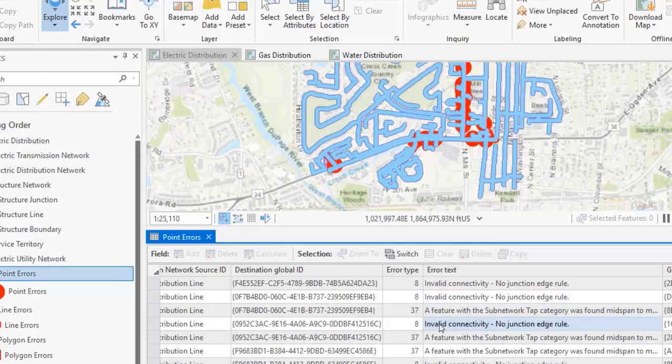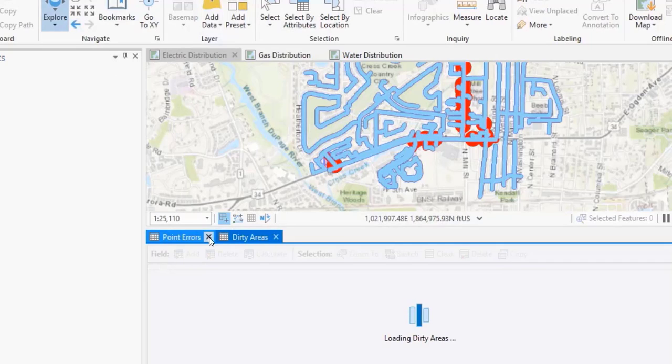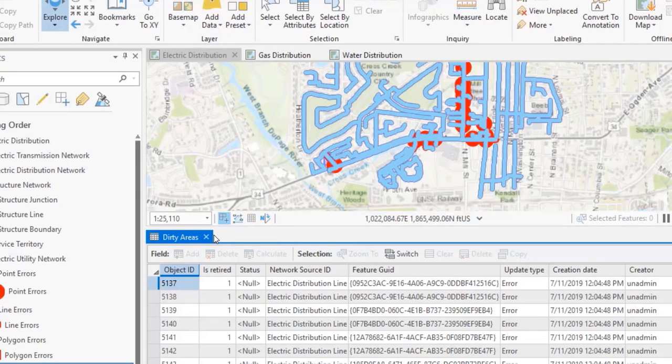So we have errors and descriptions about what the area is for points, lines, and polygons. And then the dirty areas, remember, represent regions where an error or a new edit has occurred and your topology, your trace capability is out of sync. So that's what these dirty areas do.